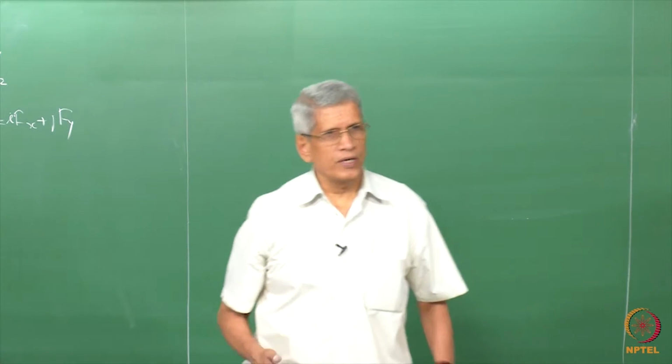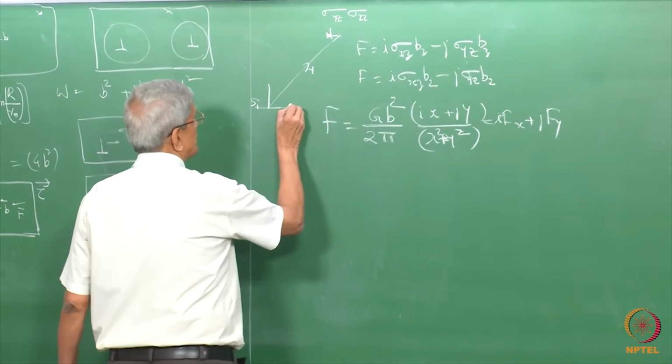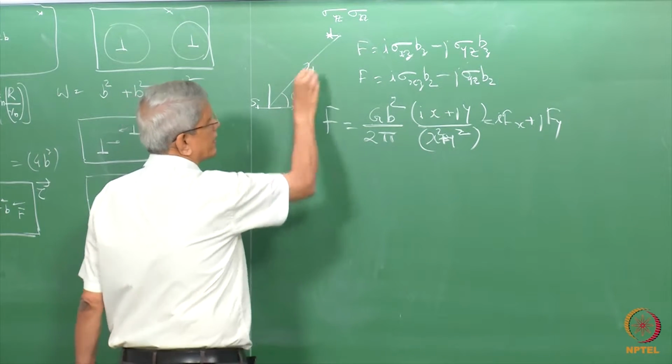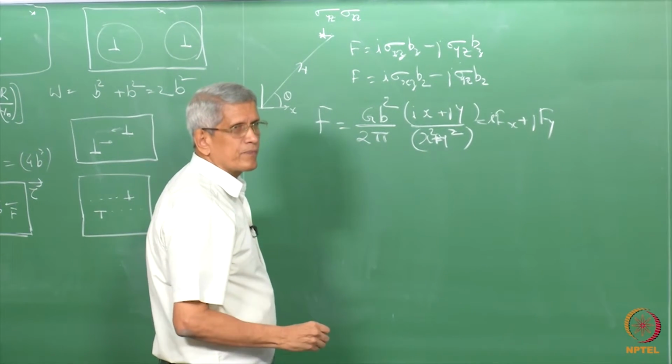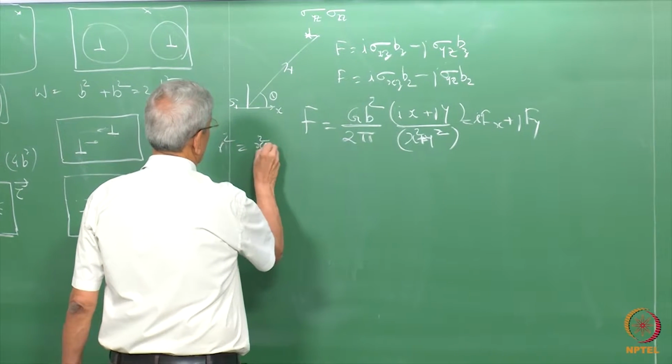We can use a coordinate system with an angle theta with respect to this x direction, and this is r, correct? r squared equals x squared plus y squared.